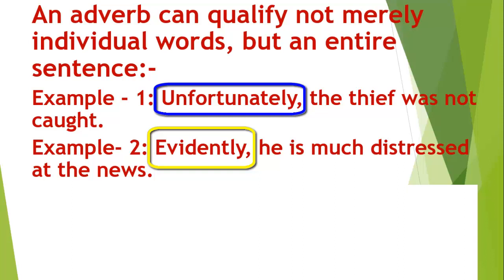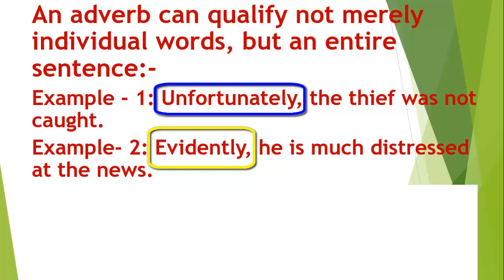In the above sentences, the adverb can be changed into the corresponding adjectives. This shows that the adverb had reference to the entire sentence and not to any one word in particular.